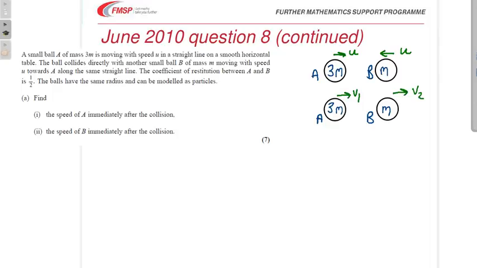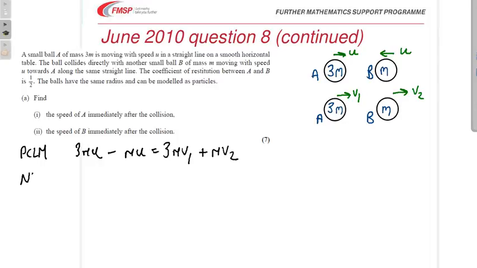So we've got two equations as usual. Conservation of momentum, the principle of conservation of linear momentum to give it its correct name, gives us 3mu minus mu equals 3mv1 plus mv2.